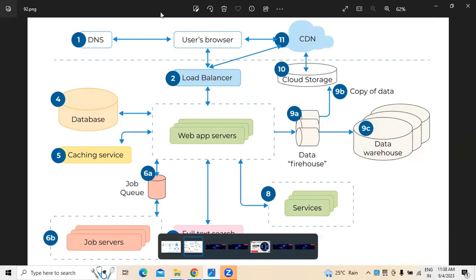The first one we see over here is called DNS, or domain name system, which is a fundamental system that helps look up a domain name and its IP address. In this manner, a particular server receives a request sent by the user. We can say that DNS is like a phone book, but for internet websites.